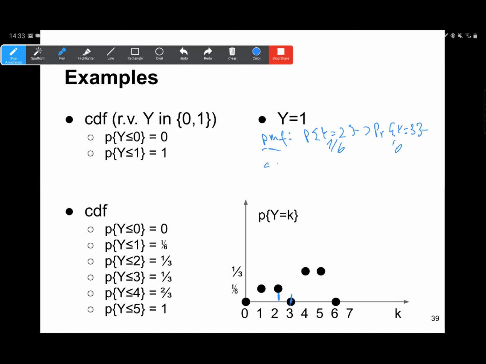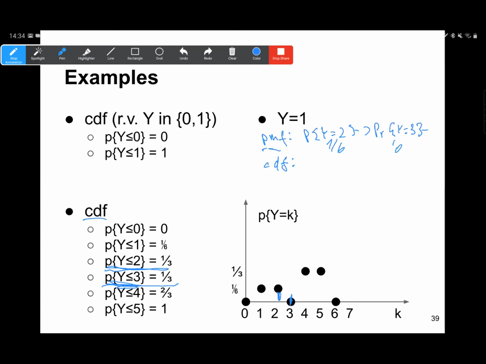But if you look at the cumulative distribution function, well, here it is. The probability that this random variable is at most 3 cannot be smaller than the probability that the random variable is at most 2, even though the probability of being equal to 2 is larger than the probability of being equal to 3.